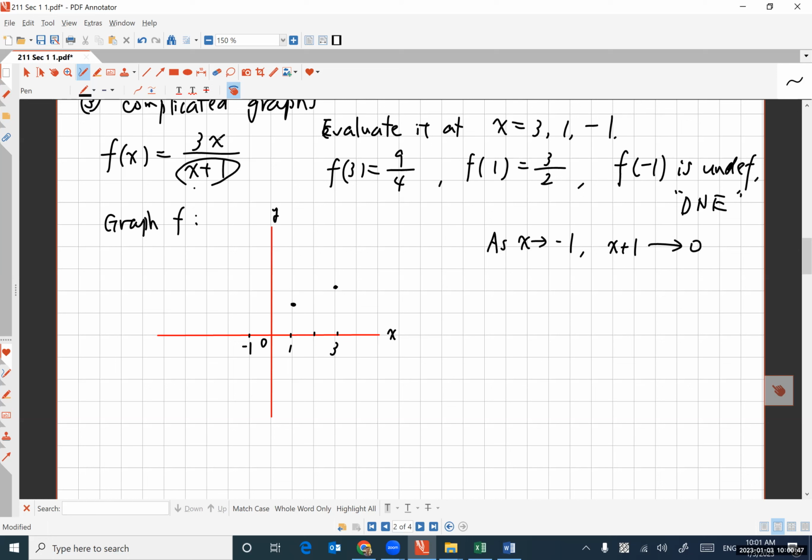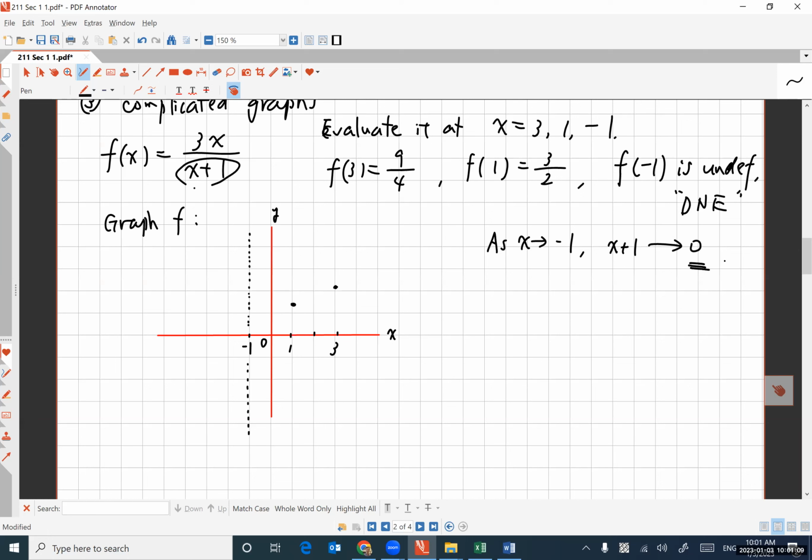So it approaches -3 over a small number, very close to 0. And so as the denominator becomes close to 0, the value of the function gets closer to either positive or negative infinity, depending on whether it's approaching 0 from the positive side or the negative side.